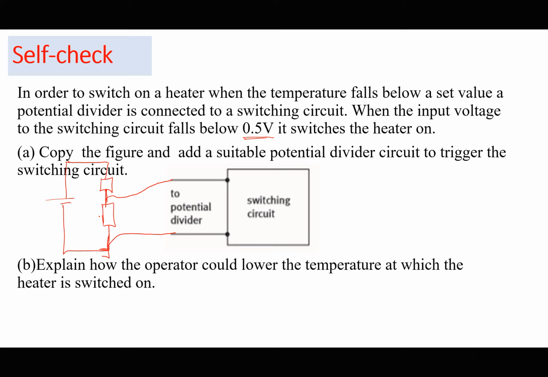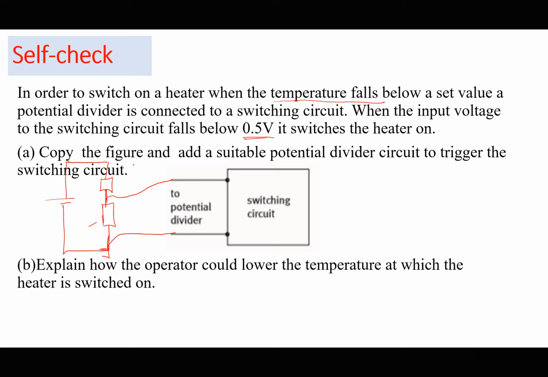I could put here, let me just put here, because they didn't specify, it is temperature. In order to switch on a heater when the temperature falls below a set value, so the temperature must be falling. If the temperature falls, the PD across the thermistor increases. So I can't put the thermistor here, I must put it here.